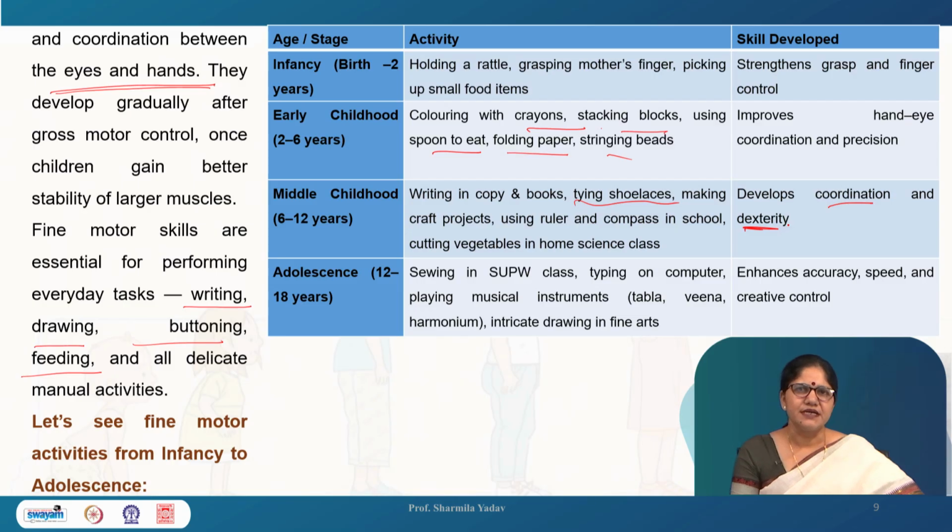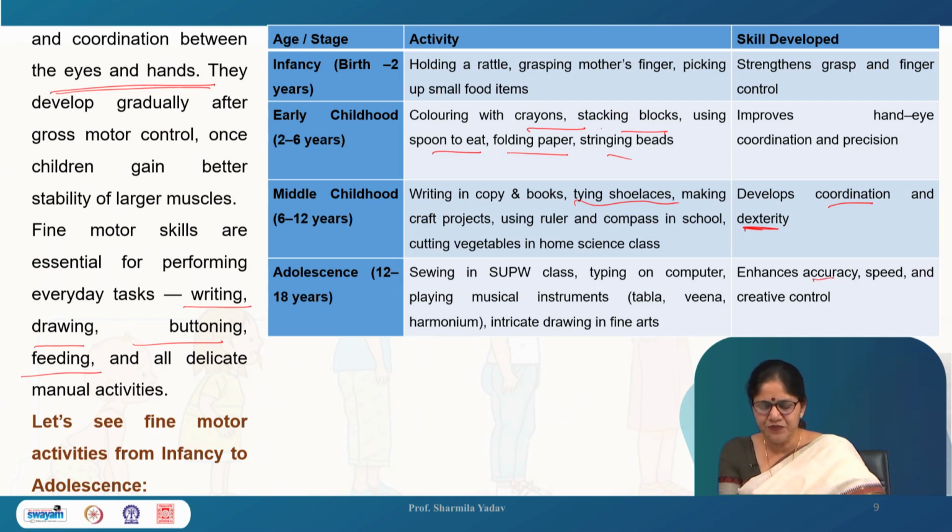And finally, the adolescent stage from 12 to 18 years, sewing in SUPW class, socially useful productive work class, typing on computer, playing musical instruments like tabla, veena, harmonium, etc. Integrate drawing in fine arts, and it will enhance accuracy, speed and creative control.